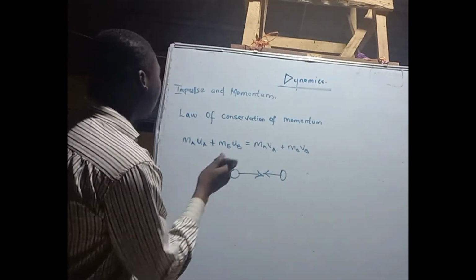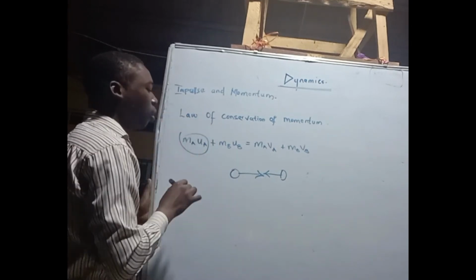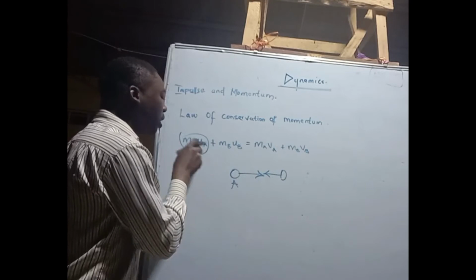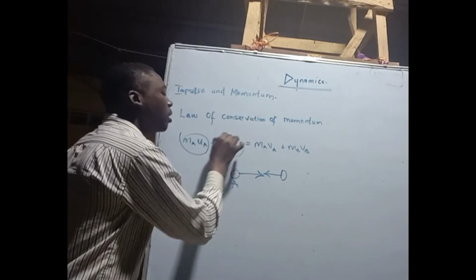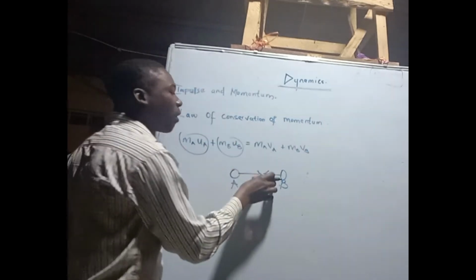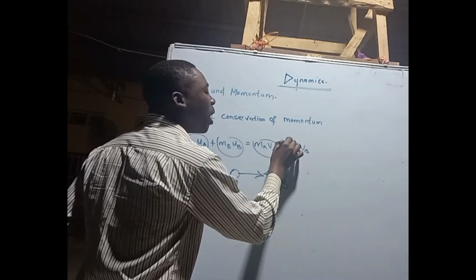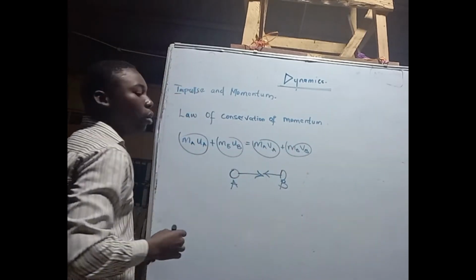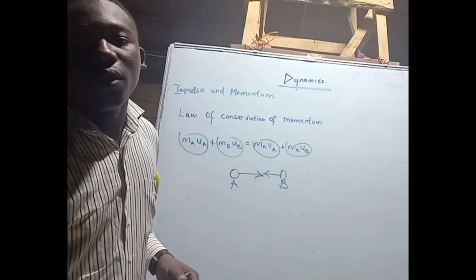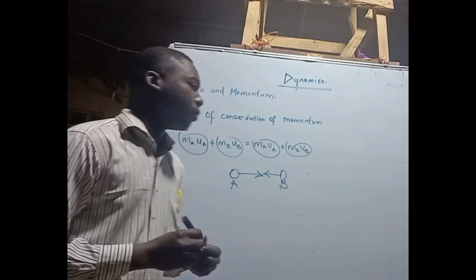You understand that? Let's call this body A. This is the momentum for body A, and this is the momentum for body B before collision. So immediately after collision, the summation of the individual momentum after collision must be equal to the summation of the individual momentum before collision.